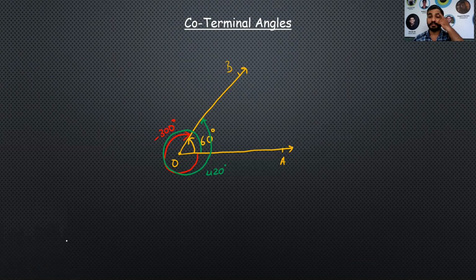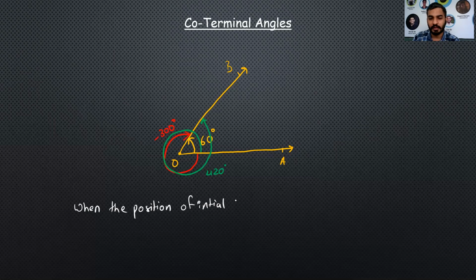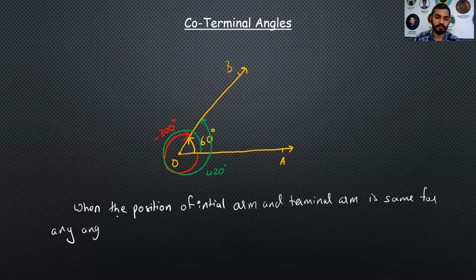But see, the position of the initial arm and terminal arm are the same. In simple words, when the position of the initial arm and terminal arm is the same for any angles, then such angles are coterminal angles.